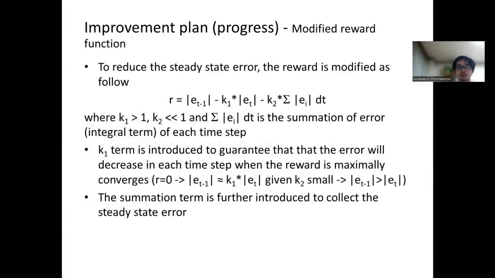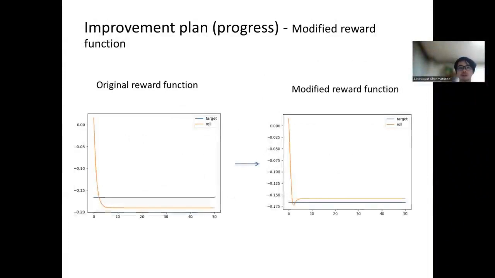And the summation term is further introduced in order to correct the steady state error. For the results, these two figures show the plot of actual and target values of the roll angles of the original and the modified reward function. And it can be seen that the steady state error is reduced in the case of the modified version of the reward function.